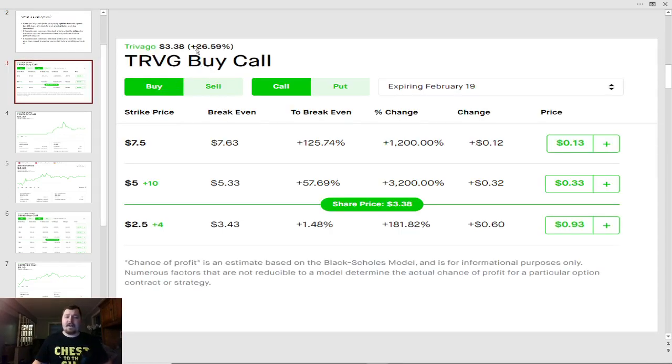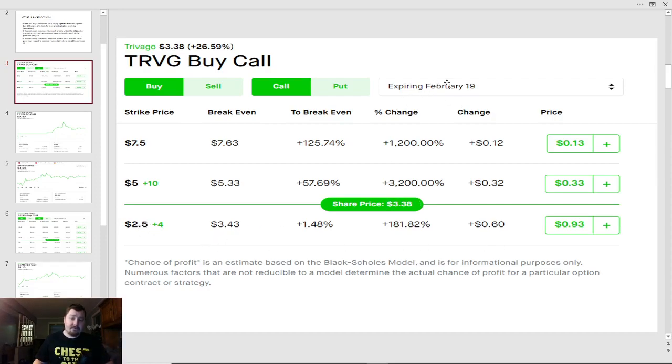So this is Trivago. I got 4 of these and 10 of these ones. So this is how this works. Right now, Trivago is sitting at $3.38. So right now, I could pay someone $93, because this price here you times by 100 because this represents 100 shares. So I could pay someone $93 for the right to buy 100 shares of Trivago at $2.50, right?